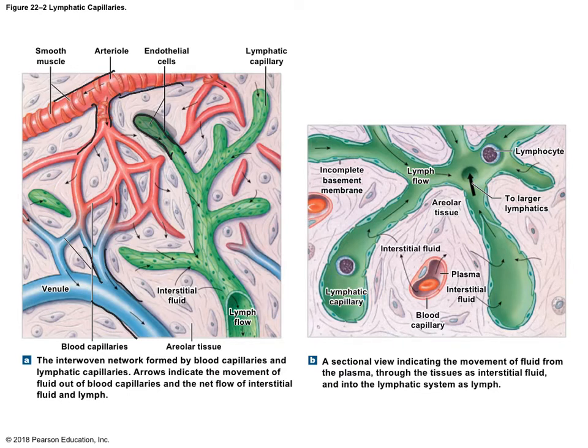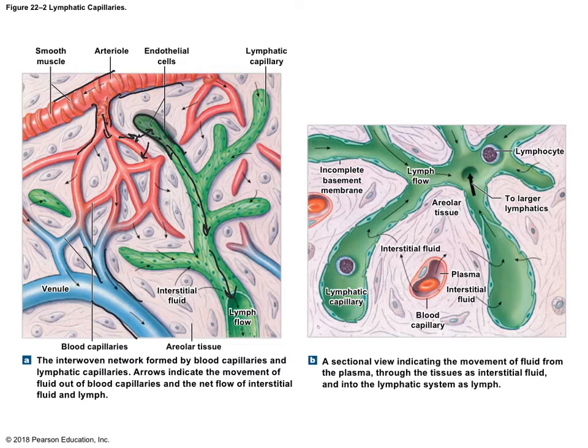What is happening here, if you remember, in the capillaries, fluid, because of hydrostatic pressure, gets pushed out into the interstitial space, and then 15% of the fluid will move into the lymphatic vessel, and 85% of it will move back into the capillaries. So that 15% of the fluid will travel through this lymphatic vessel and make its way back up to the heart.